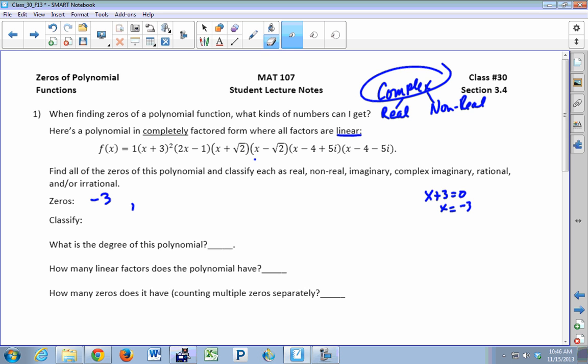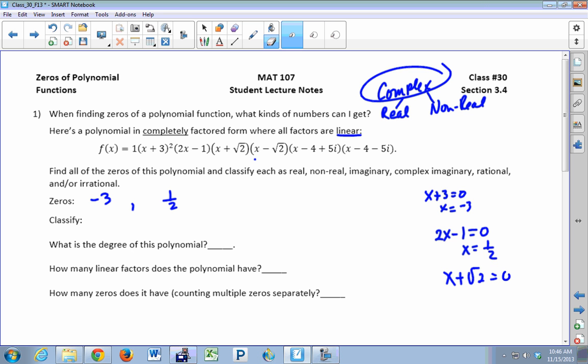My next factor looks like 2x minus 1. I set that equal to 0. And Austin, can you help me out with that one? What value of x will make that 0? Yeah, 1/2. Good, thank you. And what about x plus the square root of 2?